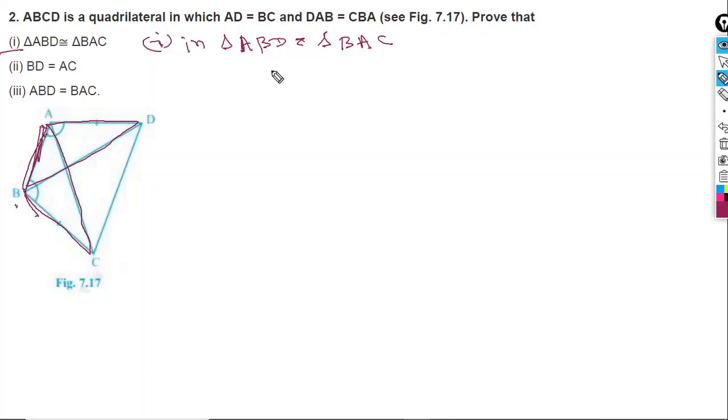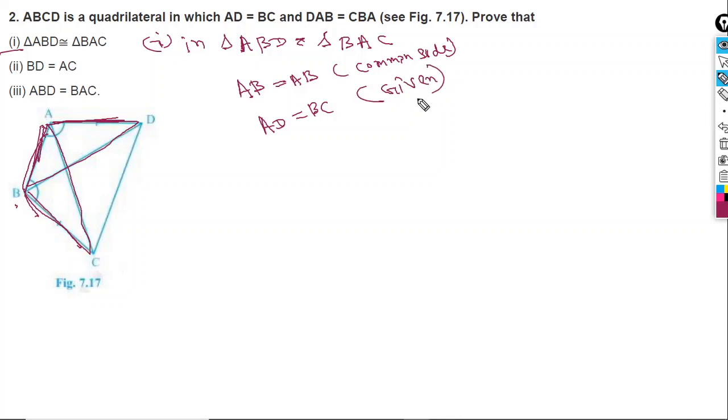Side common. You can write AB equals AB. Why? Common side. What else is equal? First I have taken triangle ABD. So AD is equal to BC. It is given to us. AD equal to BC. Why? Given.